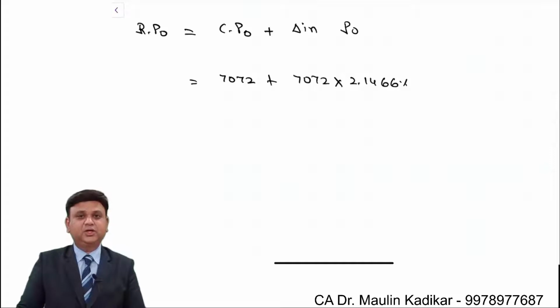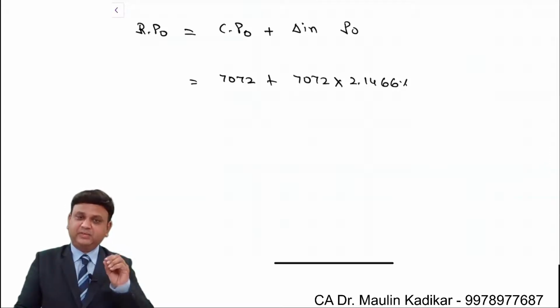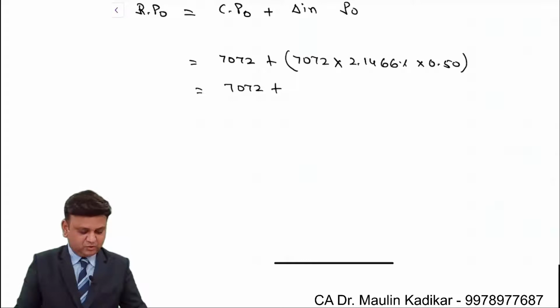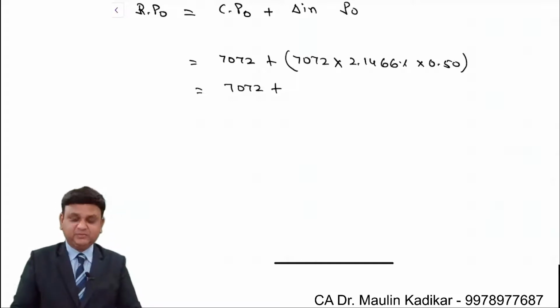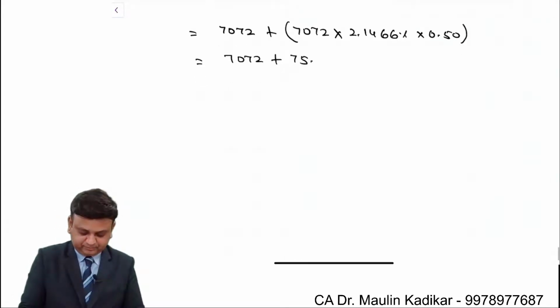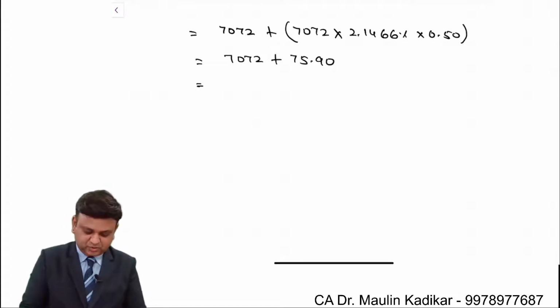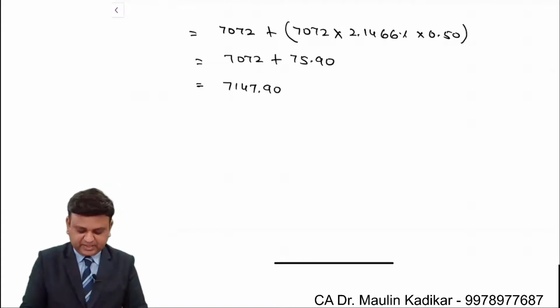However, over here, the cost of capital reduces only by 0.5 percentage. So into 0.5. So 7072 plus 7072 into 2.1466% into 0.5. That comes to 75.9. 7072 plus 75.9 comes to 7147.90.